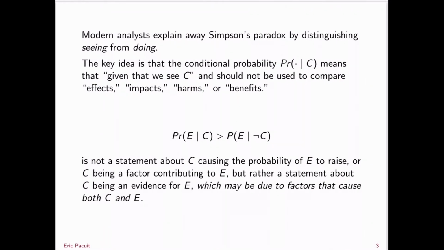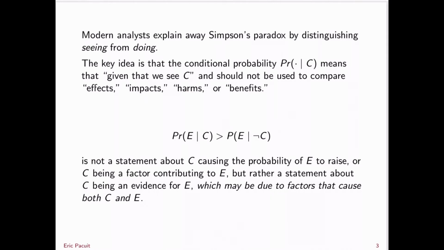Now, modern analyses explain away Simpson's paradox by distinguishing seeing from doing. So here's the key idea. This conditional probability, the probability of something conditioned on C, means that given that we see C, and it should not be used to compare, say, effects, impacts, harms, or benefits.